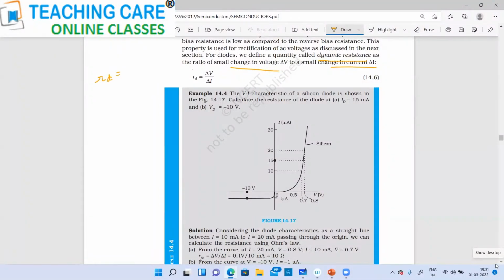The SI unit is, as usual, ohm. From the graph, which increases linearly, we can find the change in voltage to change in current. In the textbook, underline this, highlight this.